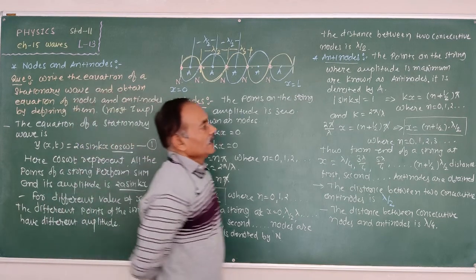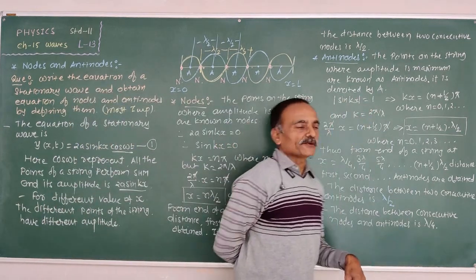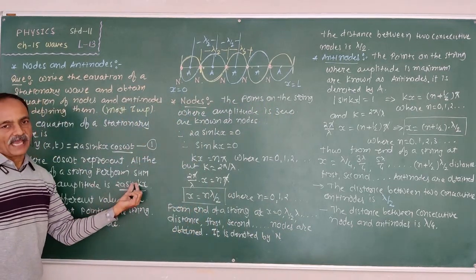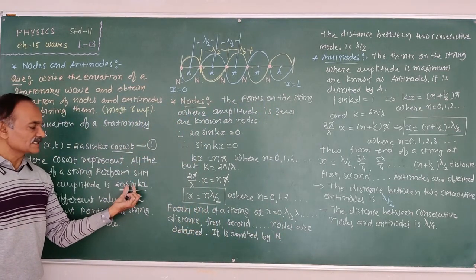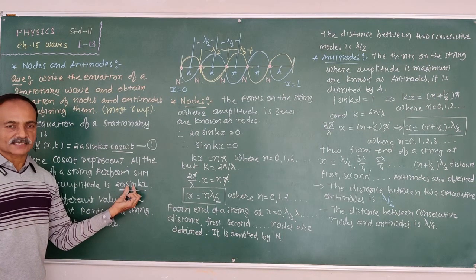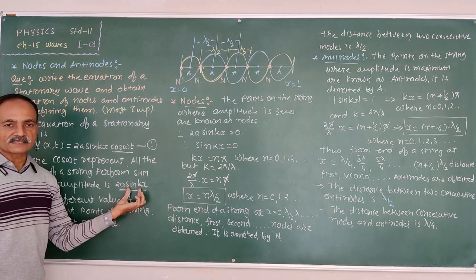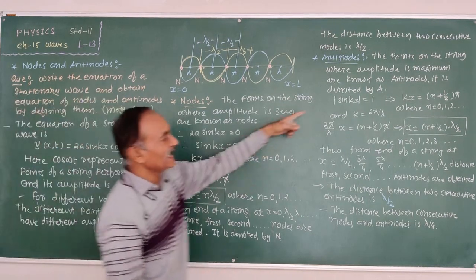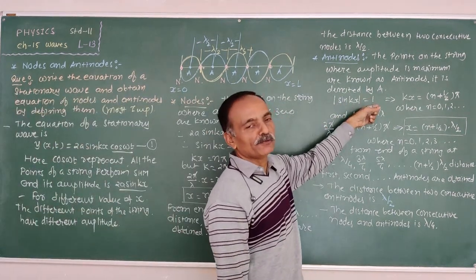Okay. In the equation, the amplitude is 2a sin kx. Amplitude depends on the sine function. When the sine value becomes maximum, the amplitude is maximum. Therefore sin kx is equal to the maximum value 1.